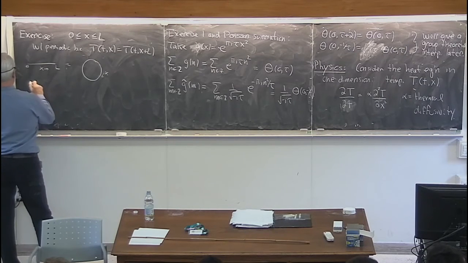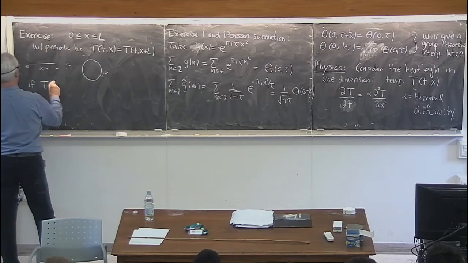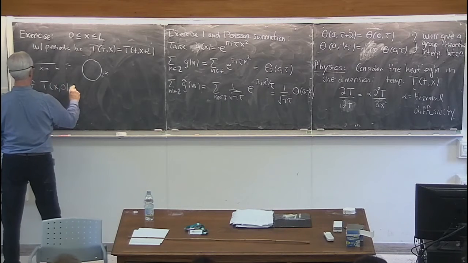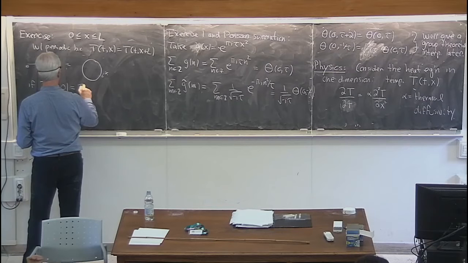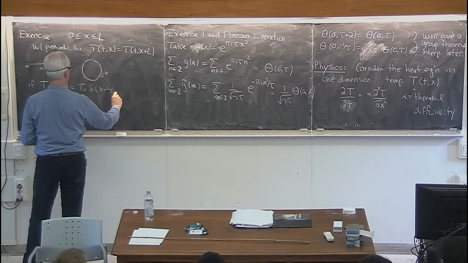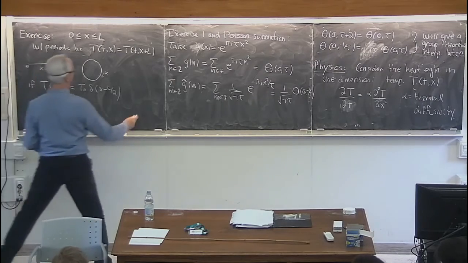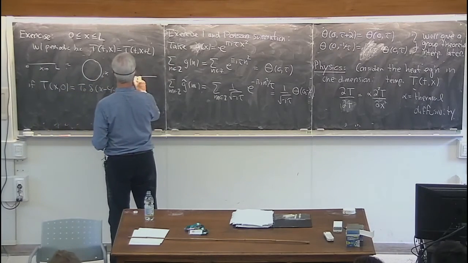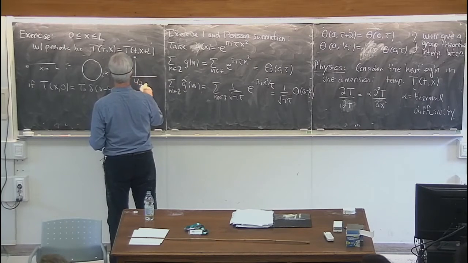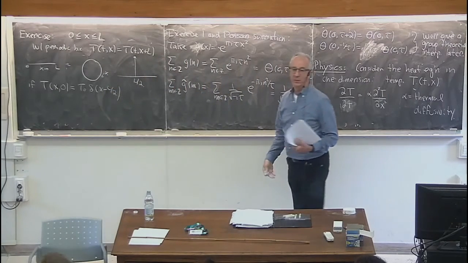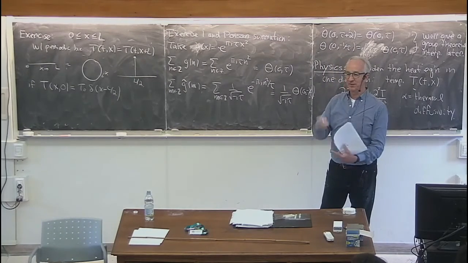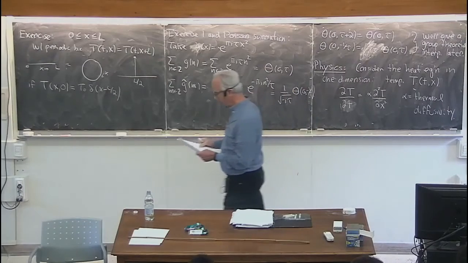And if the temperature at time t equals 0 is a delta function at L over 2. So in other words, I consider an initial temperature profile which has a delta function peak at L over 2. Well, we know that when you solve a differential equation with a delta function source, that gives you a Green's function.